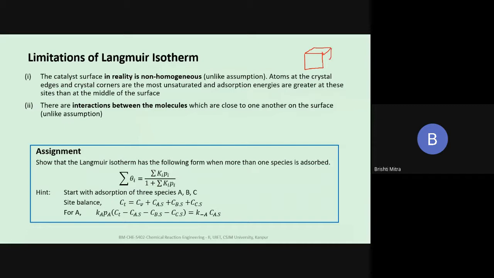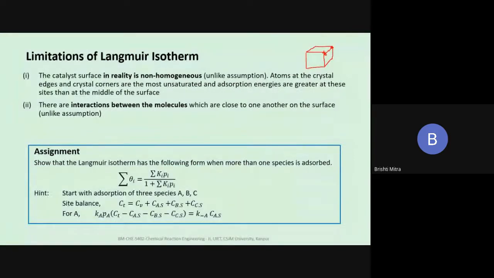If I compare the sites at these corners, or at the edges, their energies will be different from a site at the center or in the middle of the surface. So these two sites will not be energetically uniform. This has been seen from experiments. So our assumption that everything is homogeneous is not essentially correct, and that is why Langmuir doesn't work everywhere.